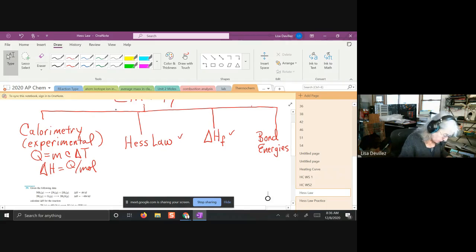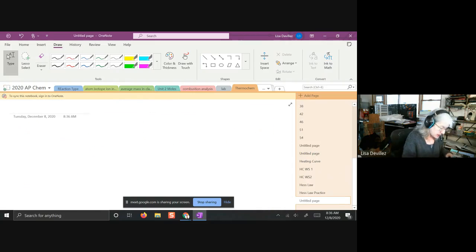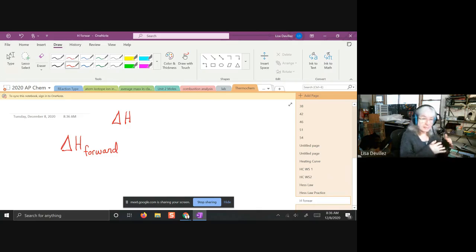We've got some rules that we're going to work with here, so I'm going to go to a different page to do these rules. When we're talking about delta H's for a reaction, the delta H for the forward reaction, as it's written, reactants to products, is equal to the negative delta H for the reverse.